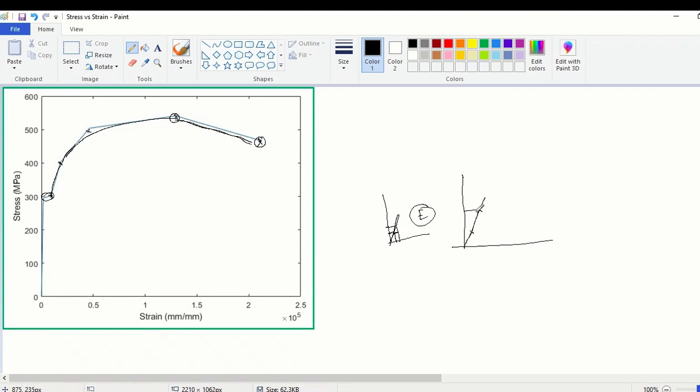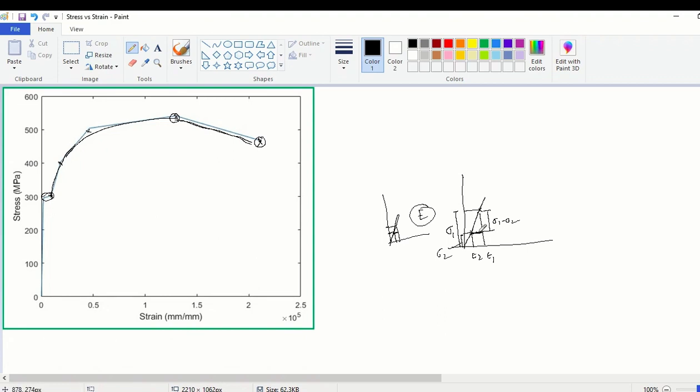This stress value you know, how much stress it is: sigma 1. Then how much stress it is: sigma 2. Then the difference is sigma 1 minus sigma 2. And this value is epsilon 2, and this value is epsilon 1.